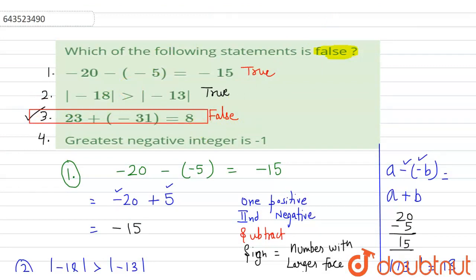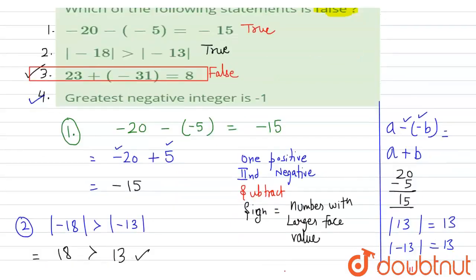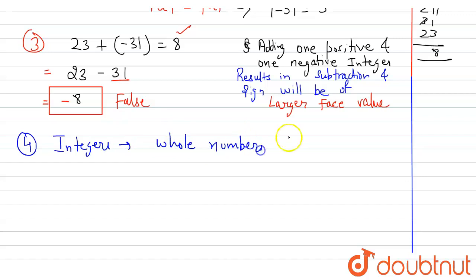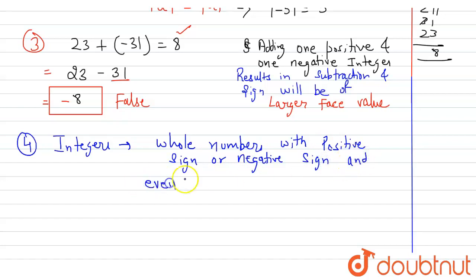But still we have to check option number 4, which says the greatest negative integer is negative 1. First of all, we need to understand what integers are. Integers are whole numbers with a positive sign or negative sign, and even 0 is included.